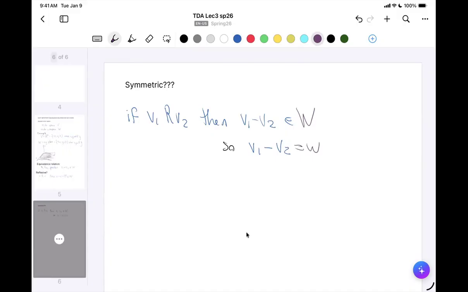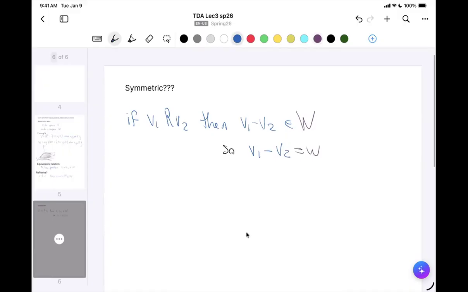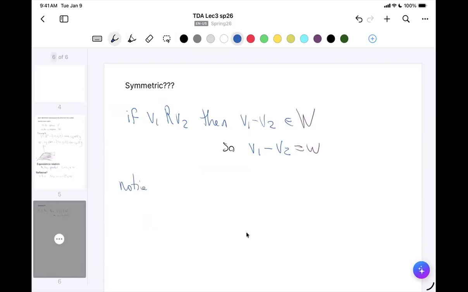But then notice that V2 minus V1 is minus (V1 minus V2), the usual trick of factoring a negative sign, and that would be minus w. So this is minus w.